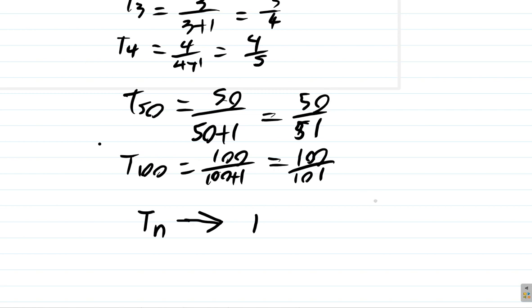Because if you go to term 1 million, it is 1 million over 1 million and 1. It's like 0.99999 something, right? As you go on and down, you get 0.999999 with more nines. So it will approach 1. So it tends to 1. So that's a convergent sequence. All right.